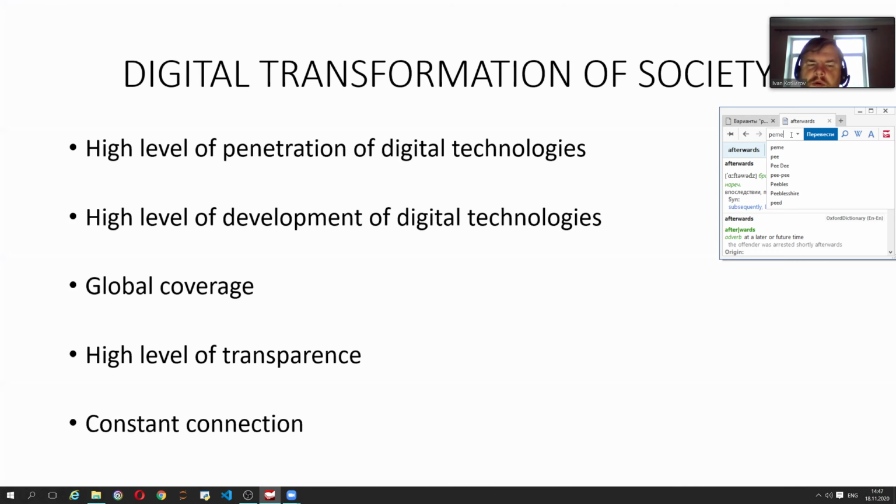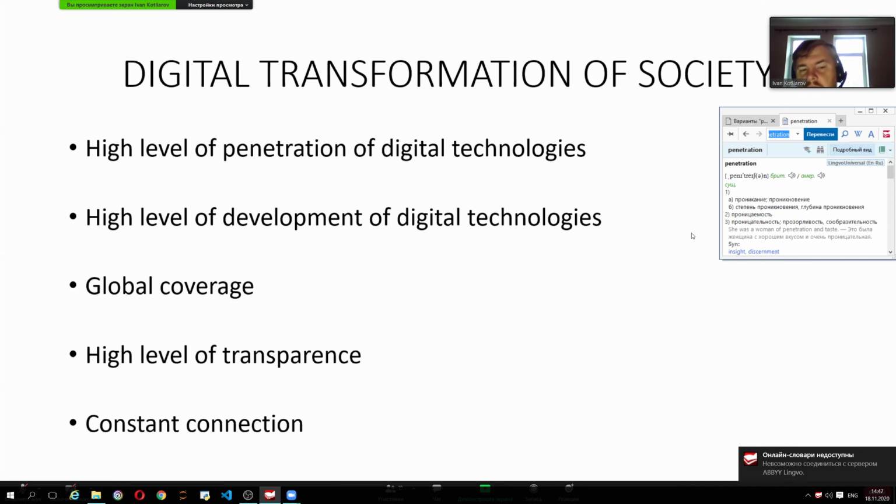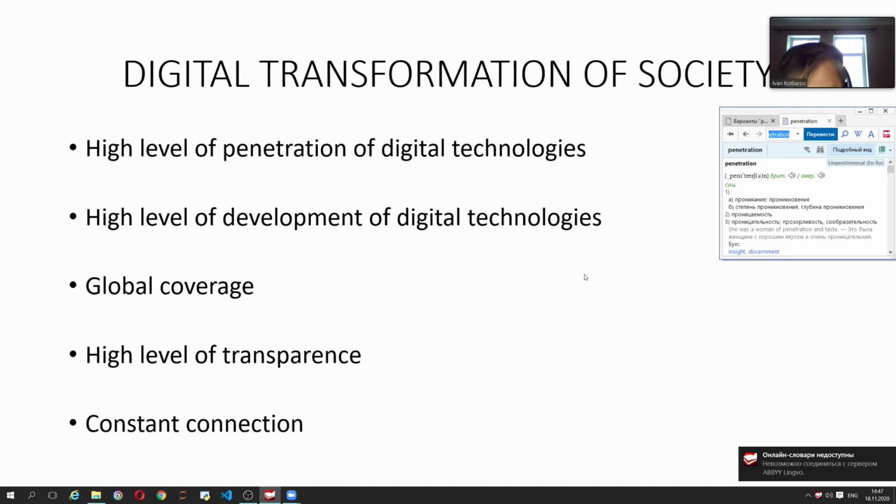We can solve complex tasks on our hardware, on our computers, notebooks, tablets, etc. We can use different tools. We have access to voice helpers, to voice assistants, etc. And well, voice assistants are a very significant example of this development of digital technologies.